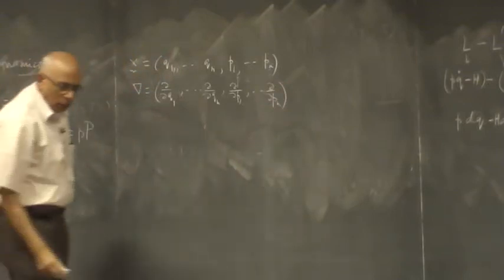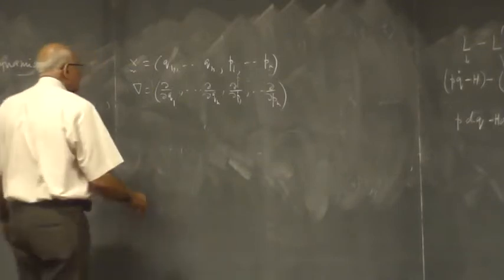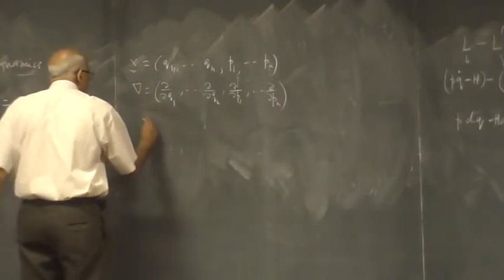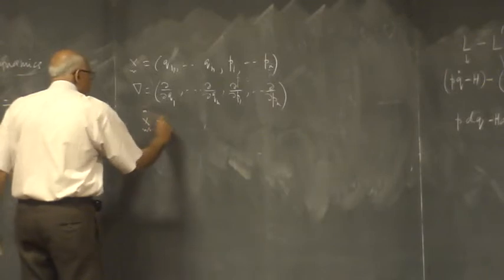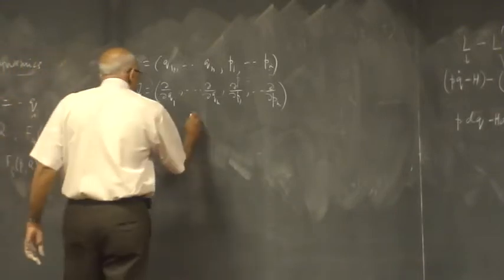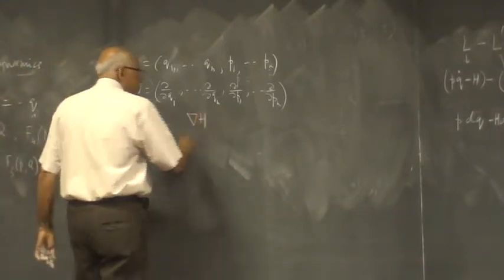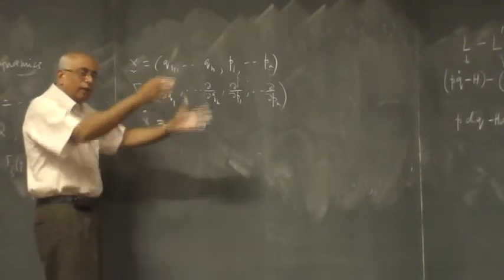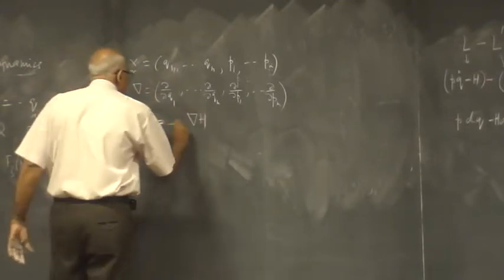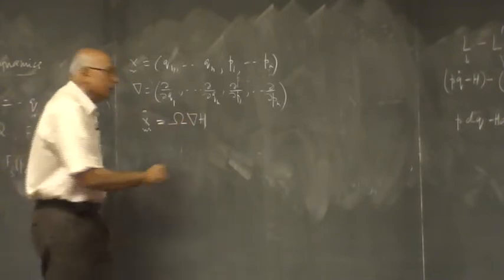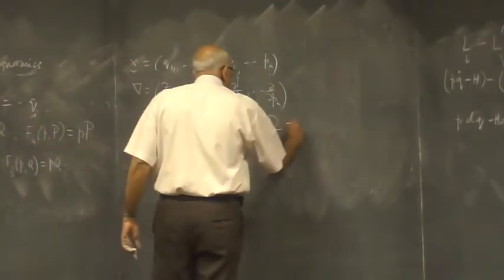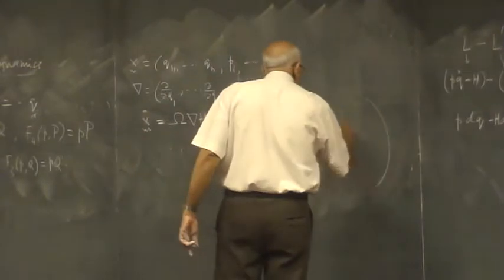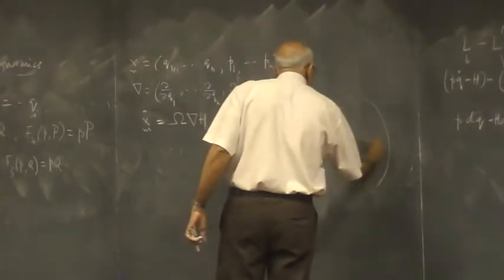Then the hope is I could write in this 2n dimensional phase space x dot equal to something that looks very much like the gradient operator acting on the Hamiltonian, except that it's not quite the gradient operator, but it mixes the Q's and P's. So I'll define a 2n by 2n matrix, call it omega, and put this omega here, where omega is made up of 4 blocks.